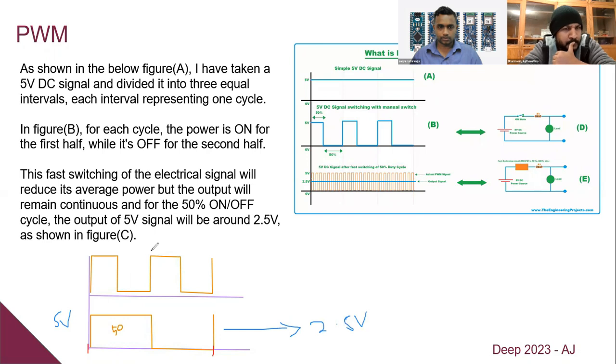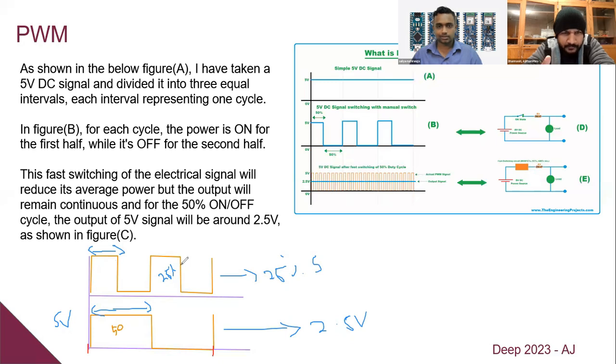So now if we say 25%, you'll get 25% of the 5 volts. But in this case, we have the same period. But this width here is different, right? So it means that we kept our power supply on for a little longer than here.